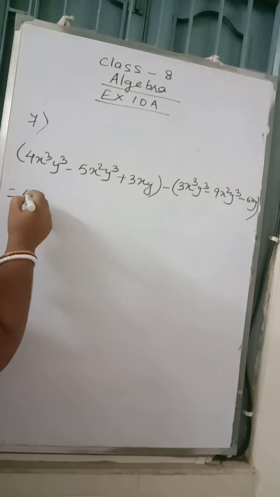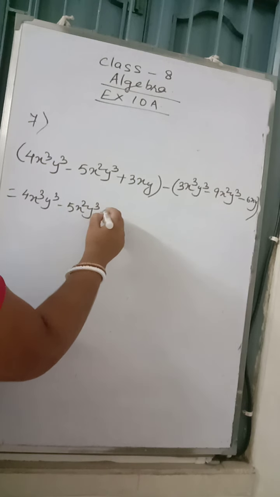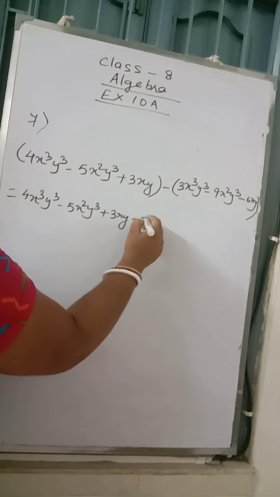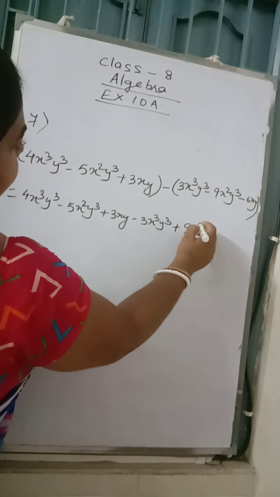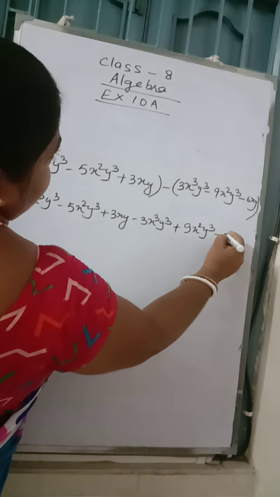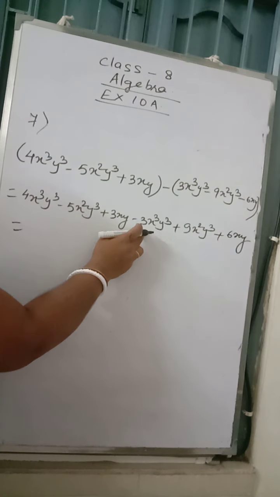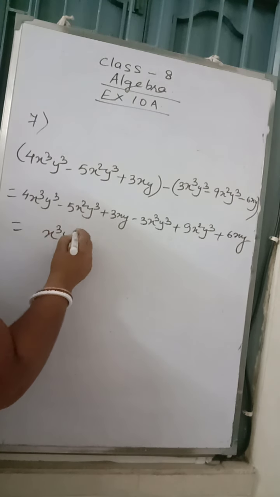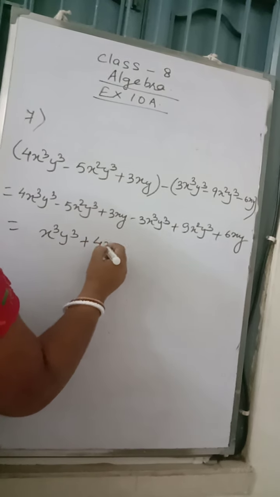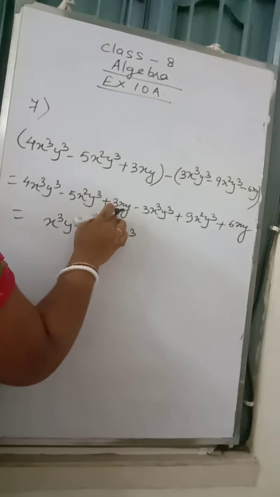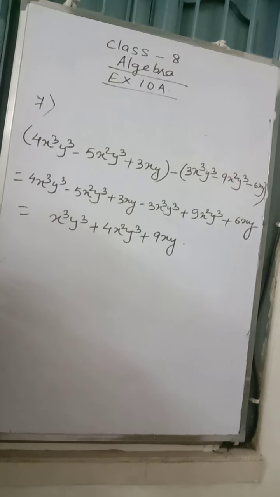Now we'll write 4x cube y cube minus 5x square y cube plus 3xy minus 3x cube y cube plus 9x square y cube plus 6xy. Now 4x cube y cube minus 3x cube y cube gives you x cube y cube. Minus 5x square y cube plus 9x square y cube gives you 4x square y cube. Plus 3xy plus 6xy gives you 9xy. So we have got the answer.